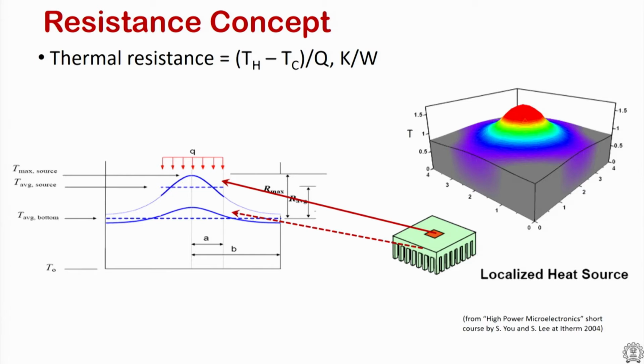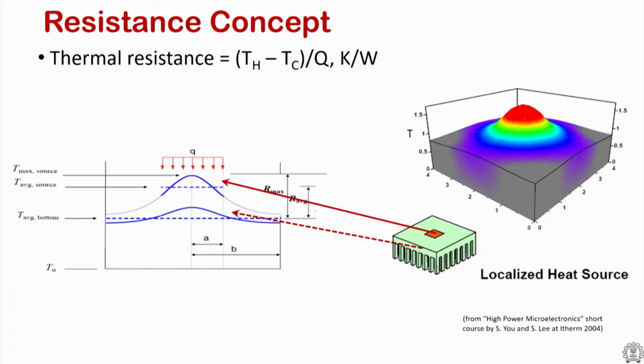Q is generated uniformly in the small heat source. The peak temperature, the maximum, is referred to as T max comma source, T average is shown as dotted lines, and at the heat sink level there is an average bottom temperature.